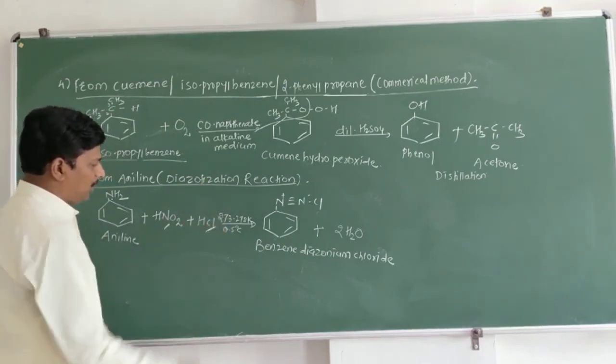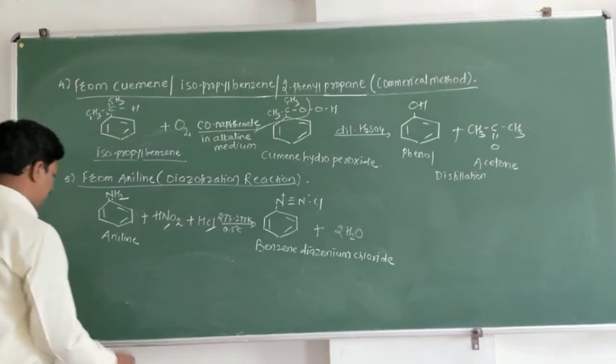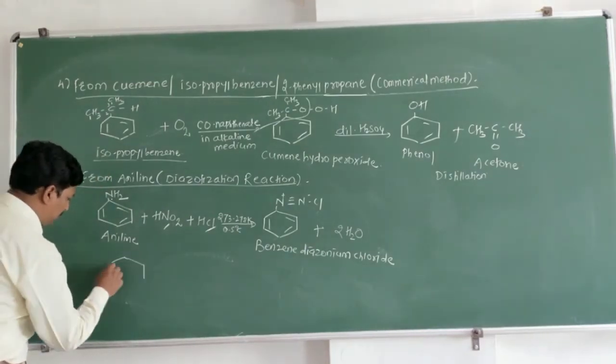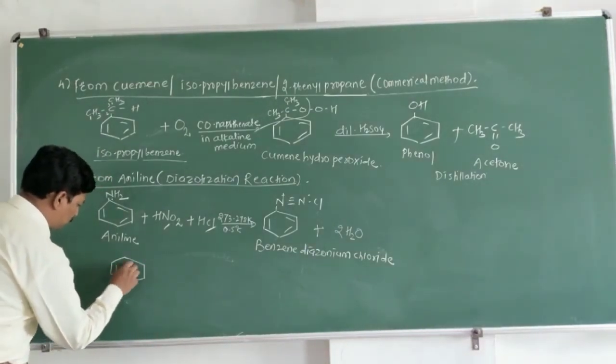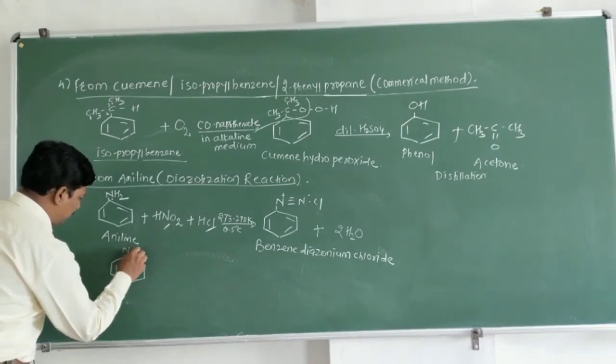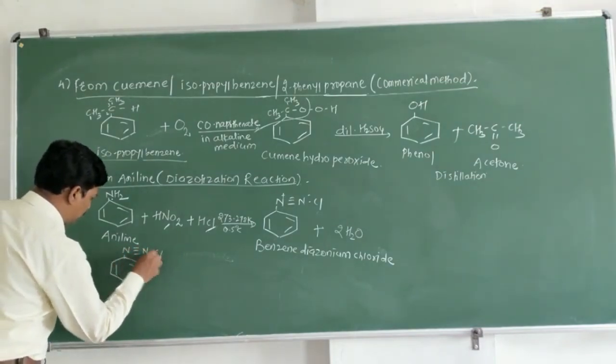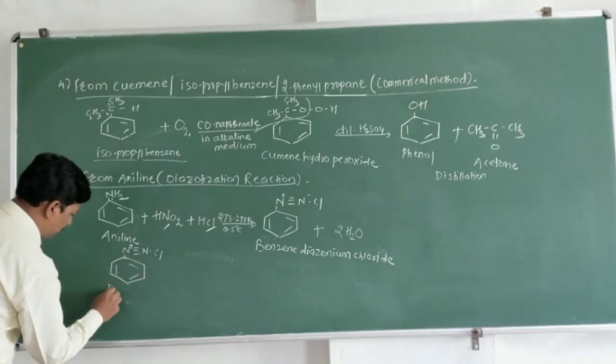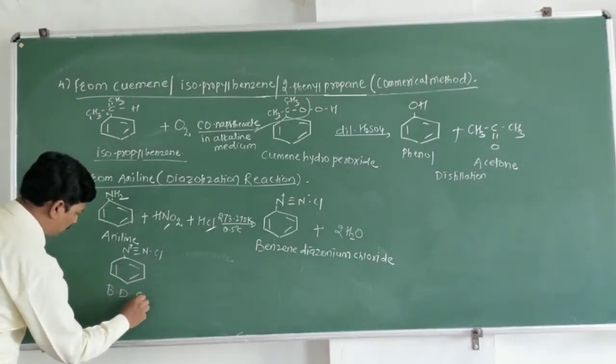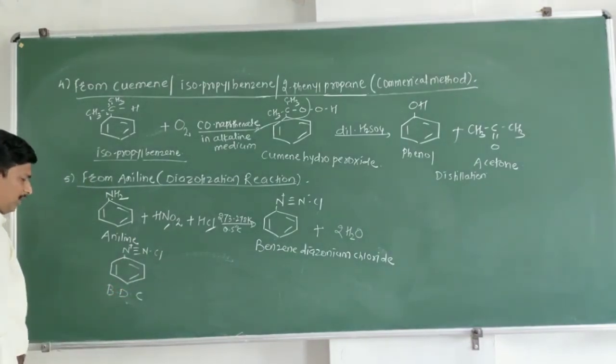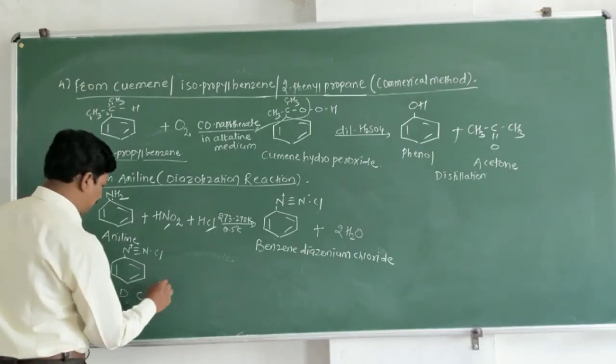So this should be the benzene diazonium chloride. Now this reaction is shown in 2 steps. This benzene diazonium chloride, I will write in short as BDC.